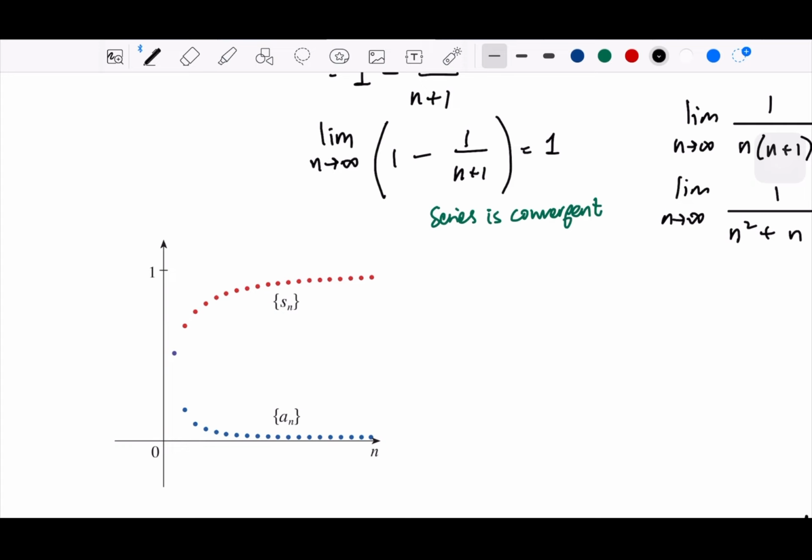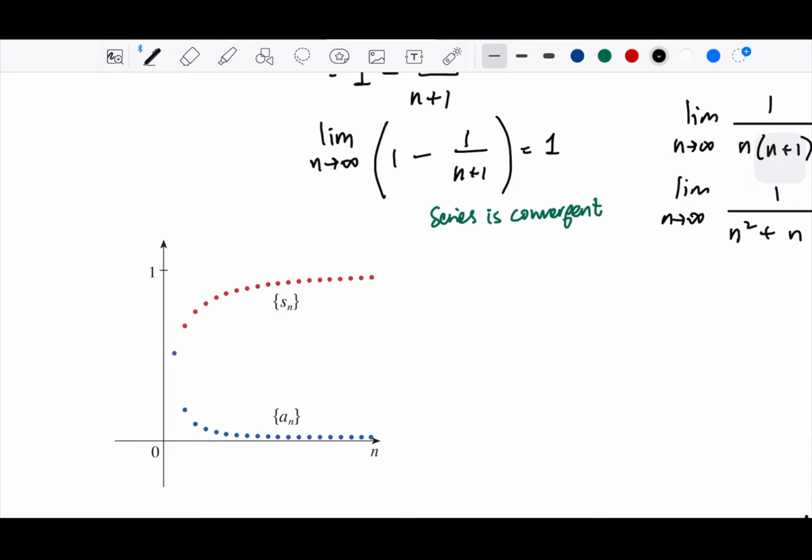Later we are going to see that if the series is converged, then the limit of the sequence should be 0. Okay? The limit of this sequence is 0.